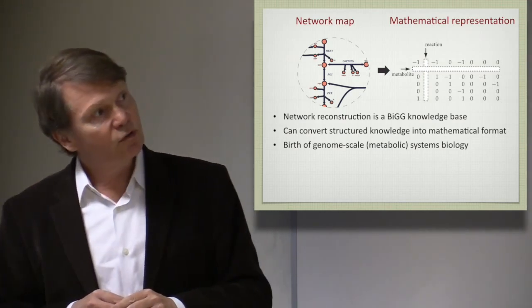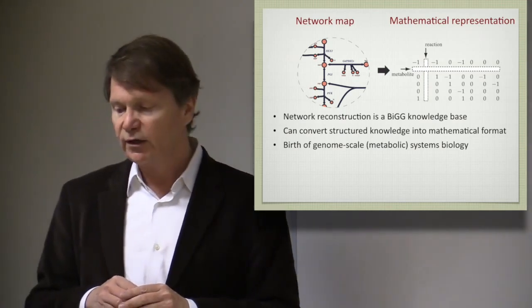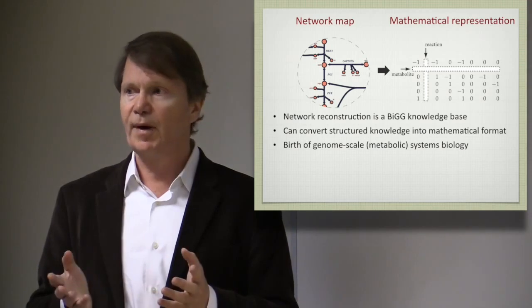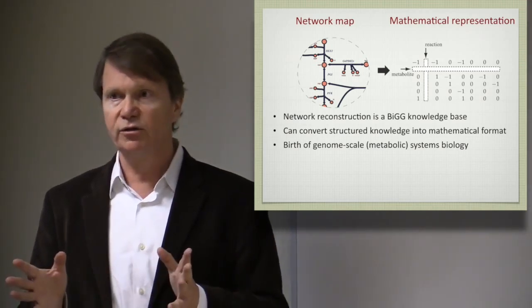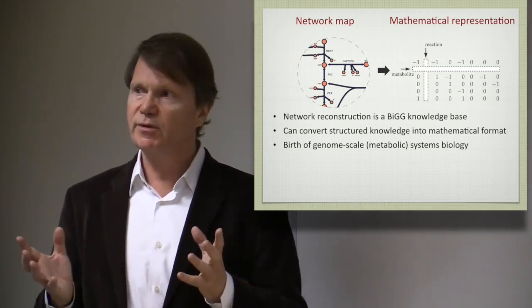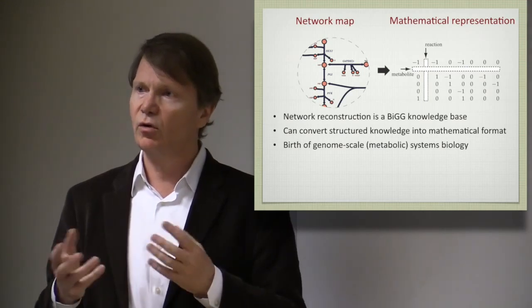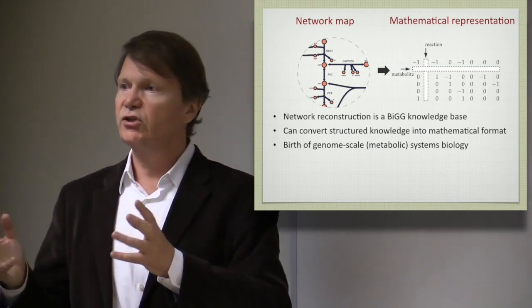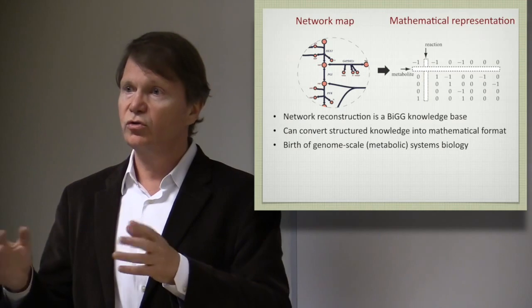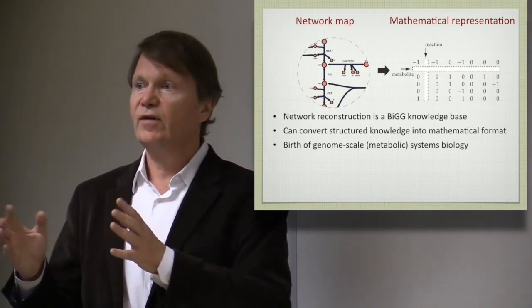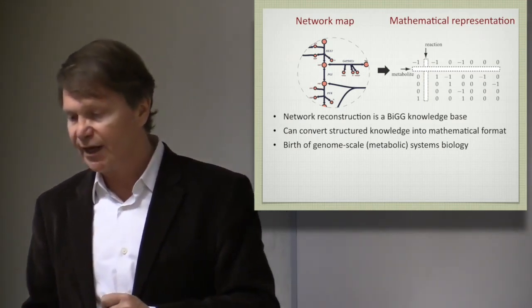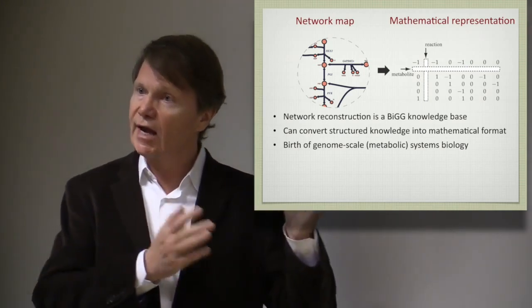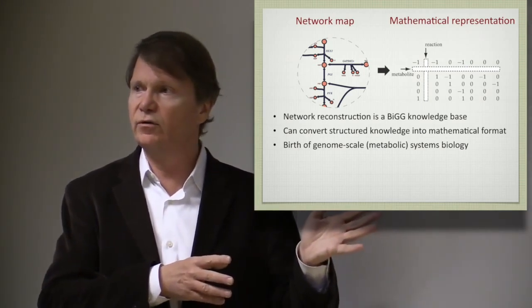So this was really the birth of genome scale biology, systems biology, because we had genome scale representation of all these genes and all their functions, and we could now reconcile their integrated functions through a mathematical model. And therefore we could compute functional states of networks, which are the actual biological functions that they carry out.